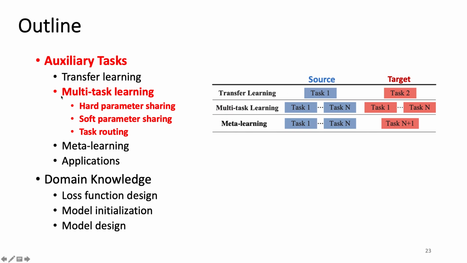So we move on to multitask learning. As you can see from this figure again, multitask learning, different from transfer learning, usually has n tasks, and the target has the same n tasks. Okay, and in terms of method, there are three types of method called hard parameter sharing, soft parameter sharing, and task routing.